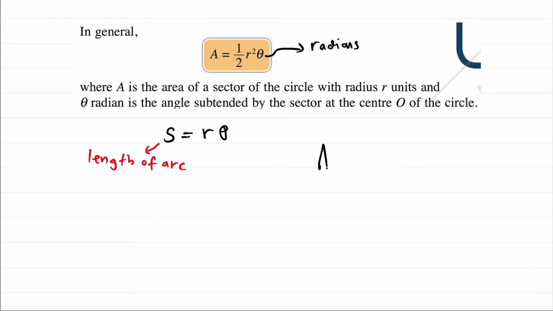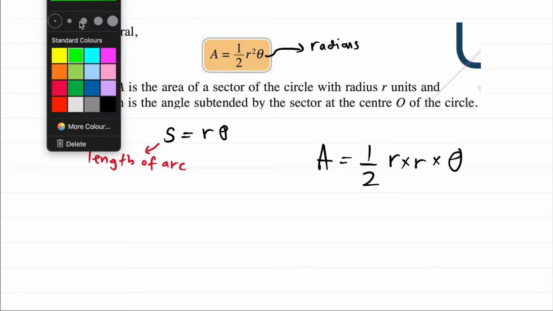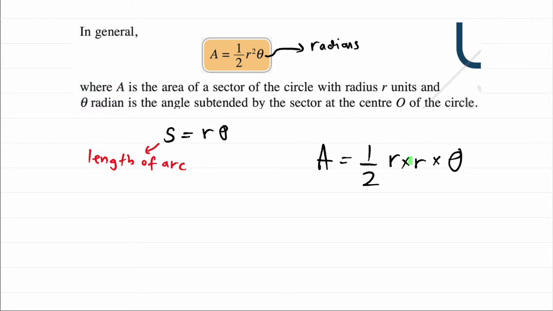We know that A is 1 over 2 r square, and here we can write r square as r times r theta. So you can see that r theta is S. We just substitute back. So actually A is also 1 over 2 r S.